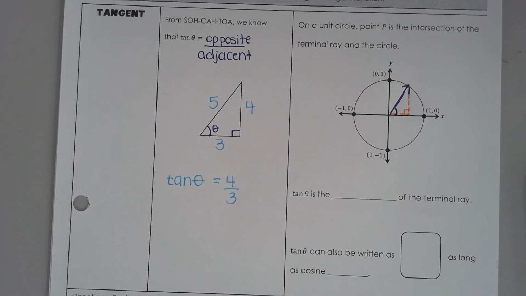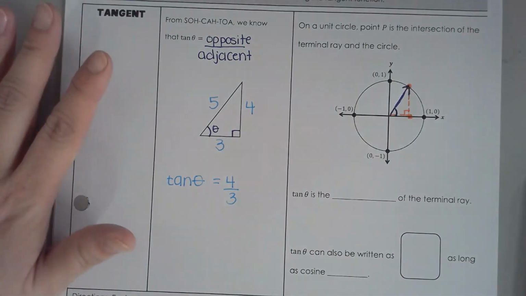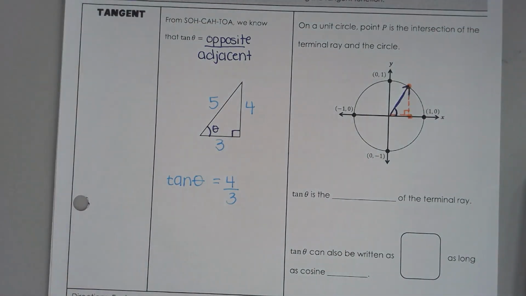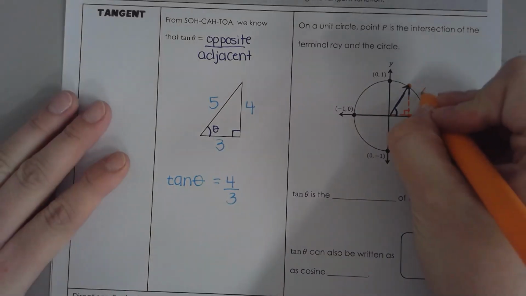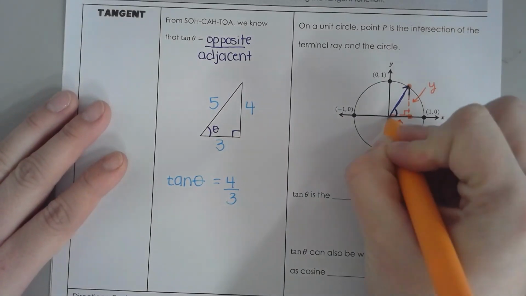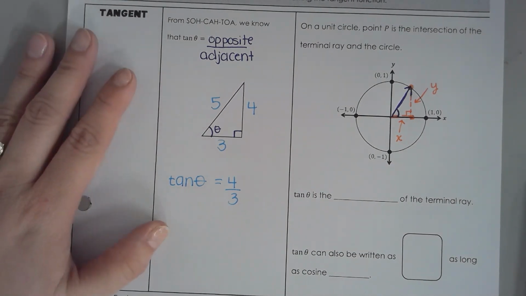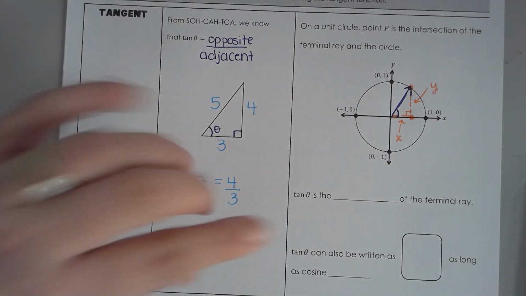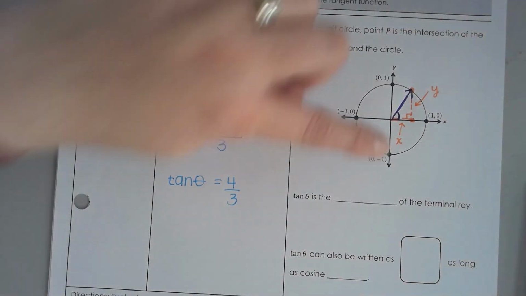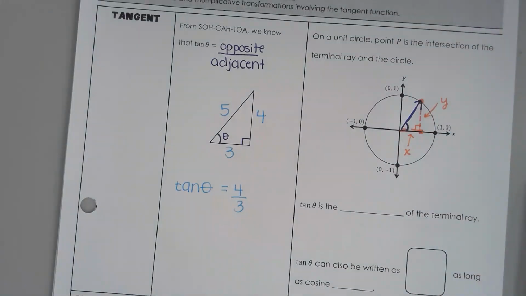On a coordinate plane, the distance from the x-axis up to this point is your y value, and this distance is your x. So if you're finding tangent, it's opposite over adjacent, so it's y over x.